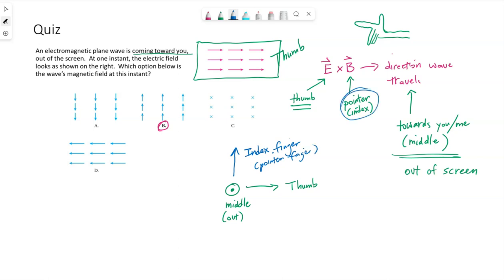Since the pointer or index finger represents the second vector in the cross product, specifically the magnetic field vector, that's why B is the correct answer. So we have plenty of right-hand rules, equations. This is still the same right-hand rule for all cross products. We're just applying it to a new equation.